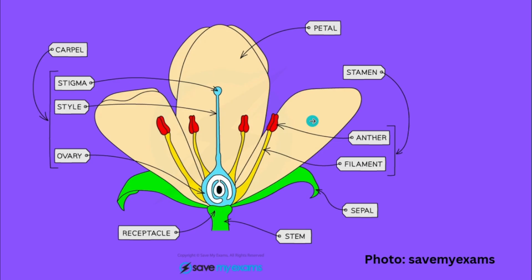So the petals and everything will fall apart, and then this will become the fruit. Let's just say if this was an apple, this would become the apple, and the ovule that's inside would become the seed. So once you see a plant that has flowers, just know that fruit can come from that.